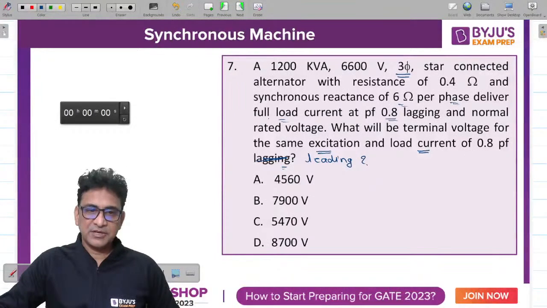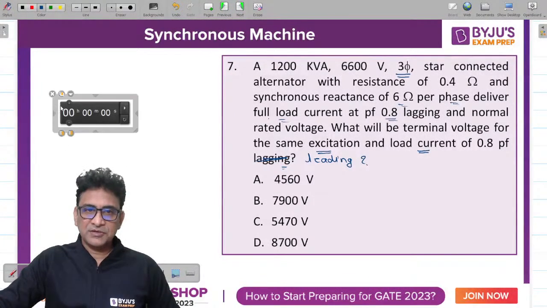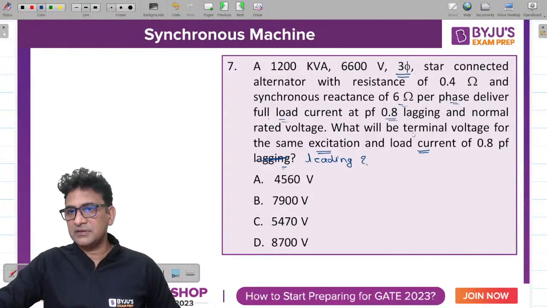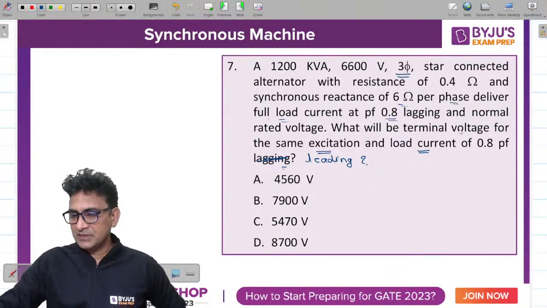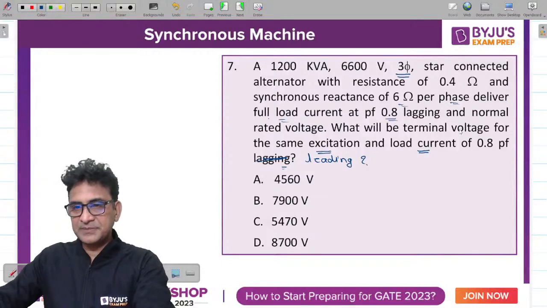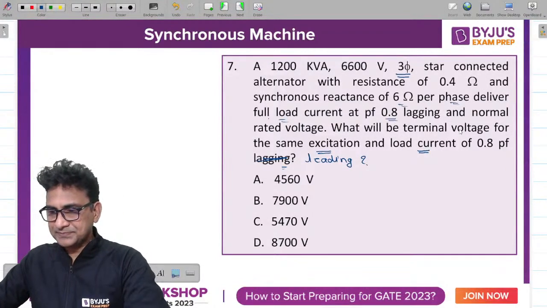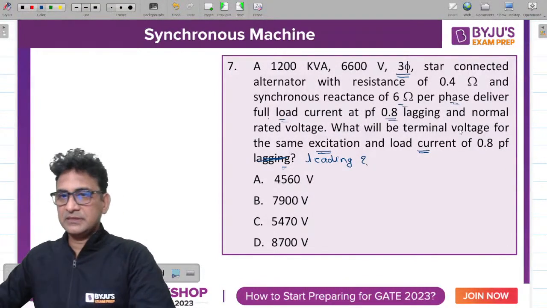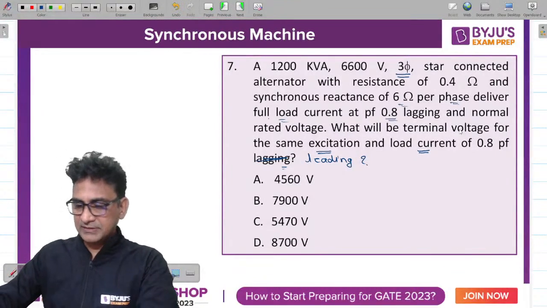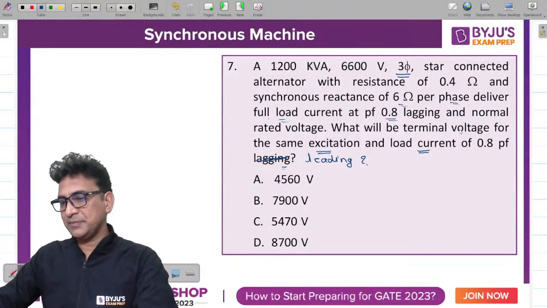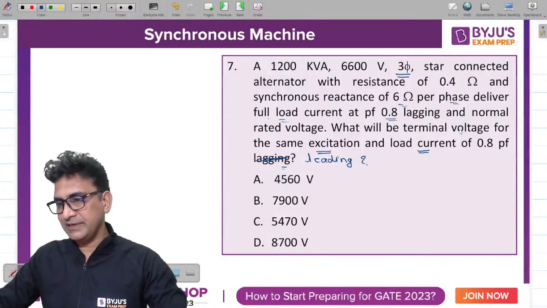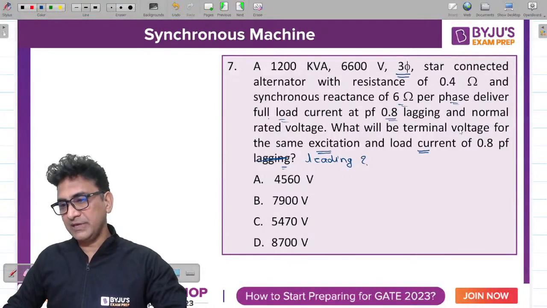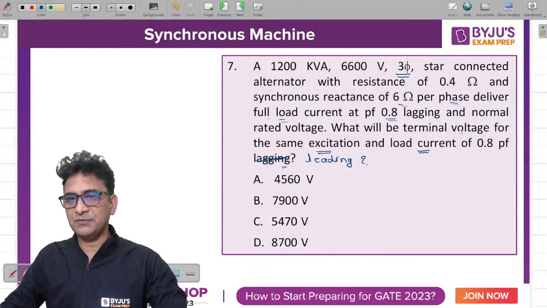Suppose in a question, it asks about the terminal voltage in a three-phase alternator, will your answer be on a per phase basis or the line voltage? In a three-phase system, each quantity given is the line voltage, line current. And what you have to find should also be the line voltage.